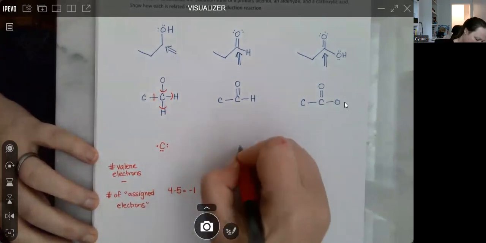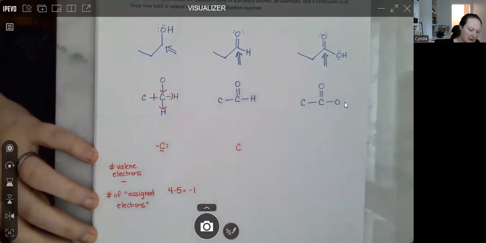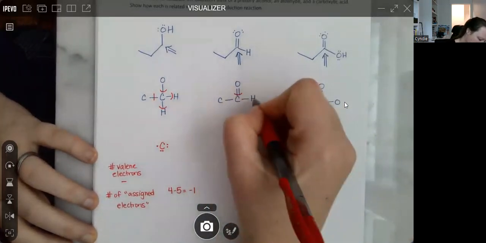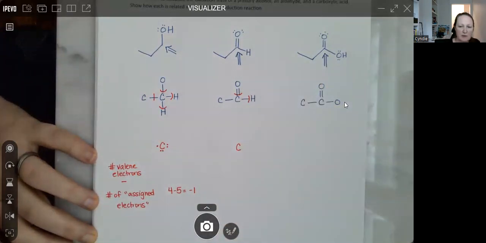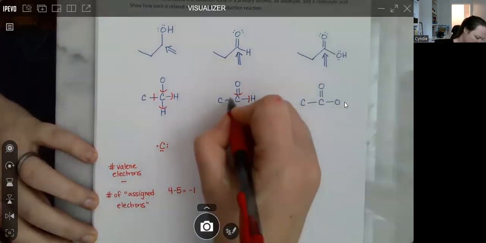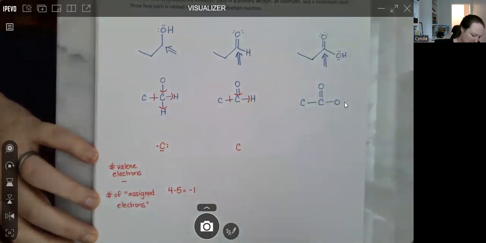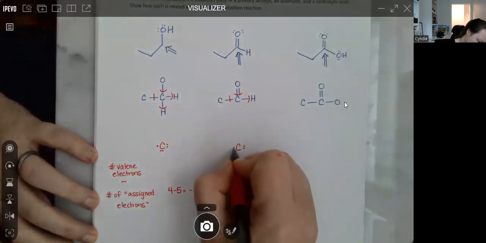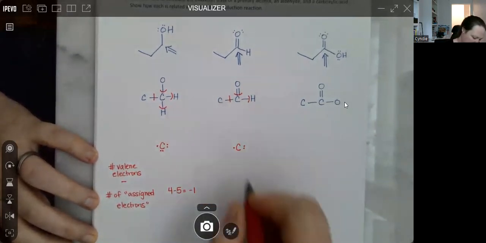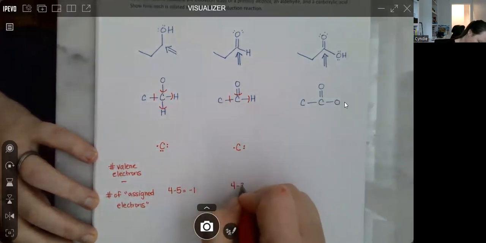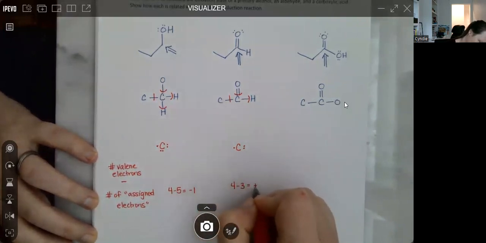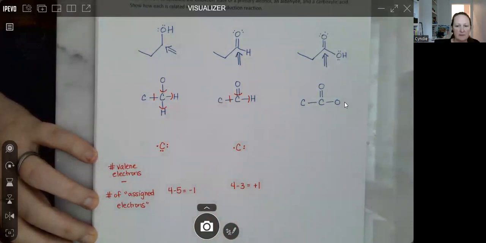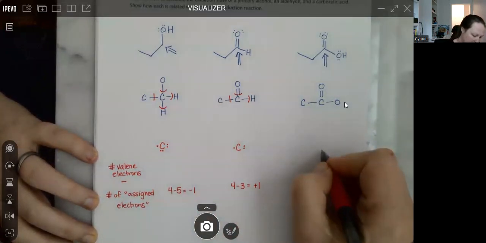So for this carbon, oxygen would get all 4 of those electrons. Carbon would get the 2 from the carbon-hydrogen bond, and we would split those, right? So we would have 1, 2, 3. So we would have 4 minus 3 is +1. Let's look at this last one really quickly.